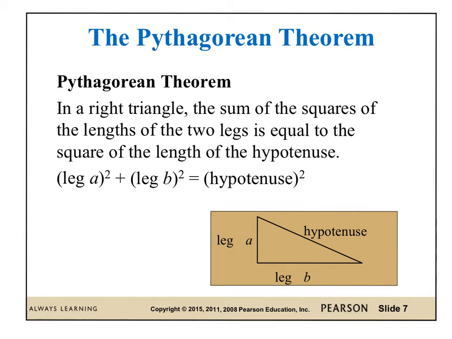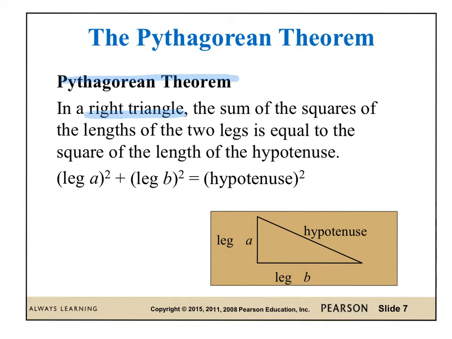There is a theorem. This is actually a geometry theorem we're going to talk about now. It's going to help us with solving this problem. The theorem is called the Pythagorean theorem, and it only works with a right triangle. It doesn't work if you have another kind of triangle.